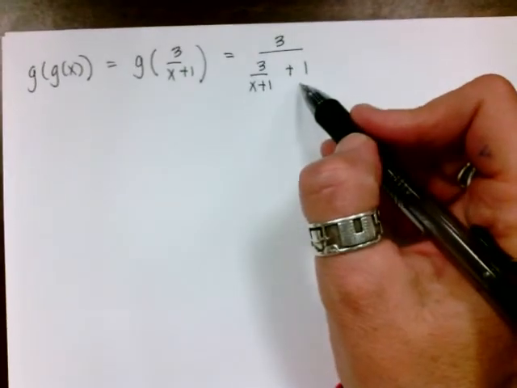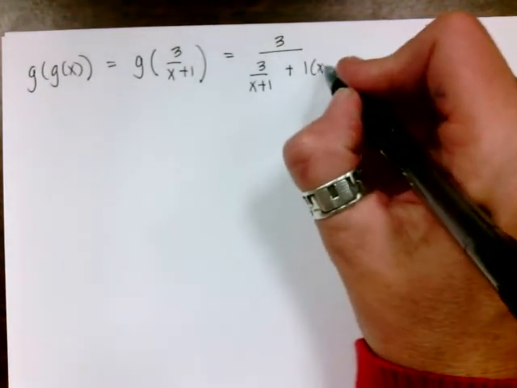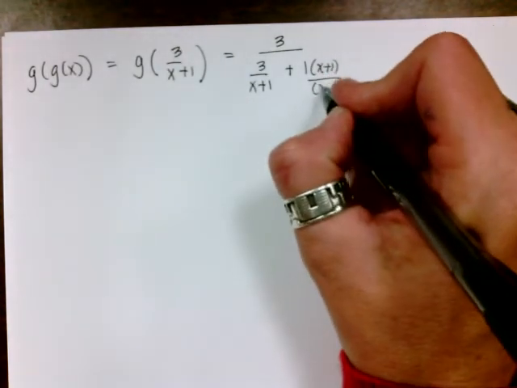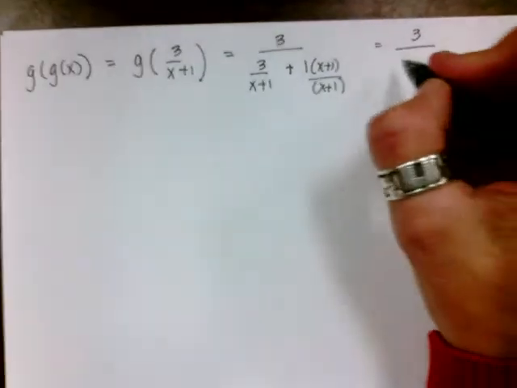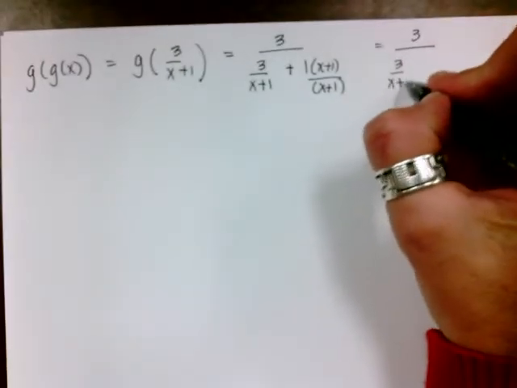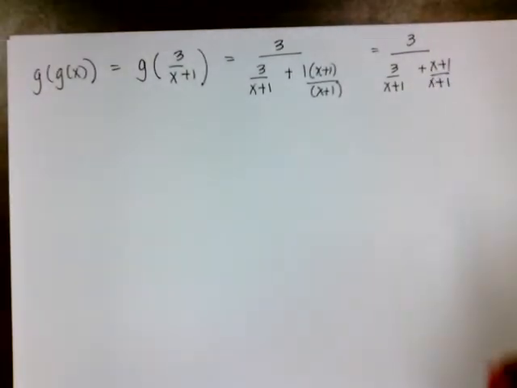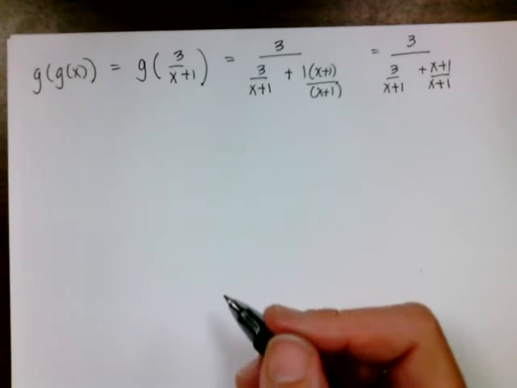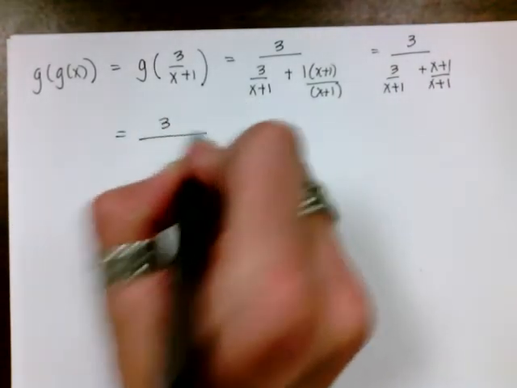So now I need to manage the denominator first. I need to add these two things together. So I'm going to multiply this by x plus 1 over x plus 1. Okay, so here's the 3 in the top. Here's the 3 over x plus 1. And here's the x plus 1 over x plus 1. Now I can add the fractions together in the denominator, so I'm still leaving the numerator alone.